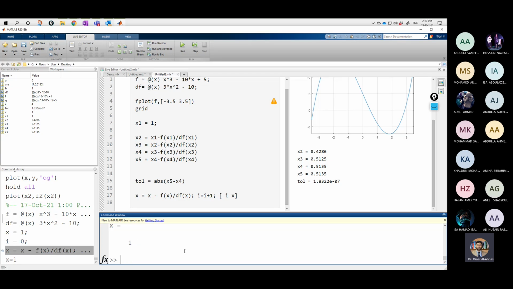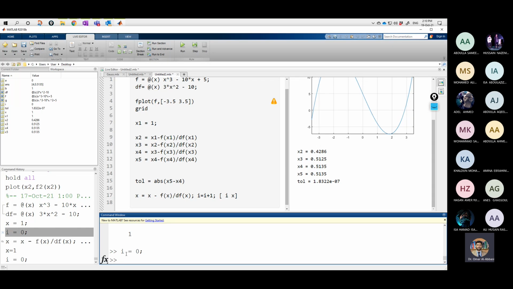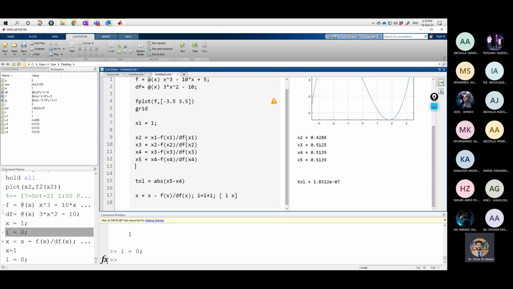Okay, define x equal to 1 and define i equal to 0. Then come over here, even in the command, even in the live script. Do that step 1, step 2, step 3, step 4, step 5, and so on.